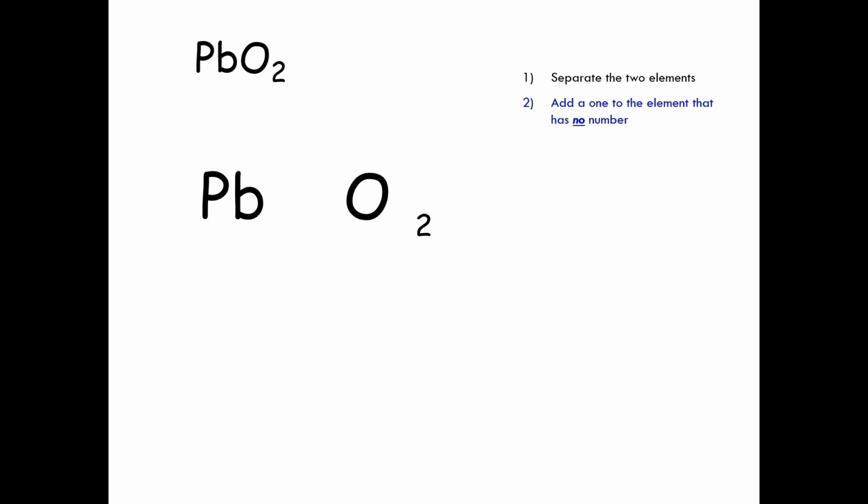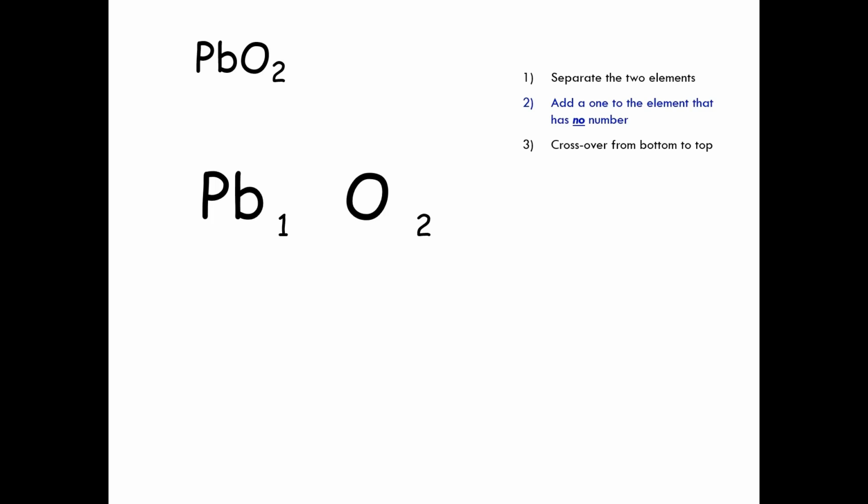And so there are 6 simple rules that I will teach you right now to break apart this compound and really figure out the true charge on lead. First, separate the 2 elements. Second, add a 1 to the element that has no number. And so lead has no number, so I add a 1.